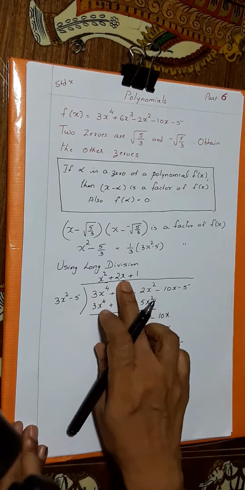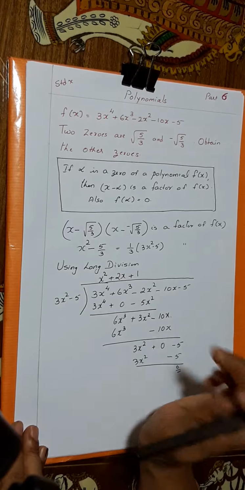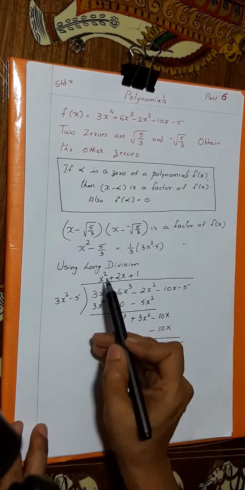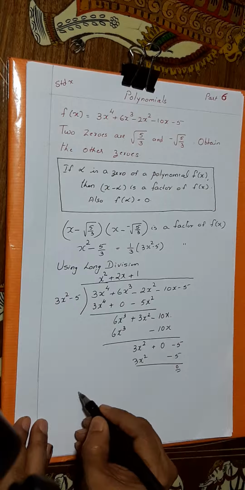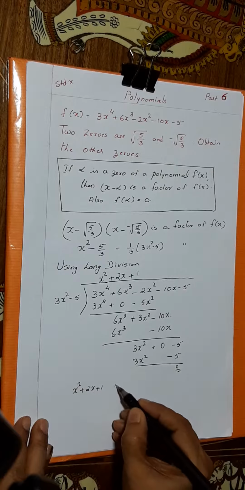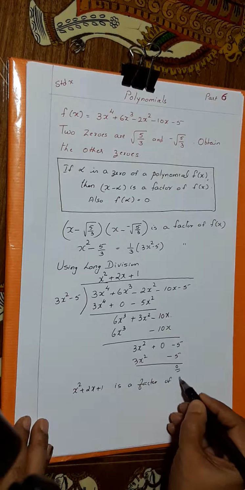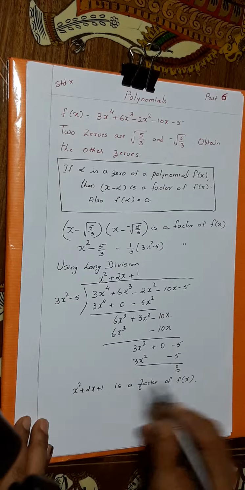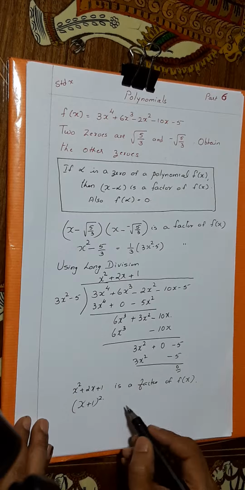So we got x squared plus 2x plus 1 is a factor. Now if you factorize this quotient, it is a quadratic, so you will get two factors. So x squared plus 2x plus 1 is a factor of f(x). Now this will become x plus 1 the whole squared.